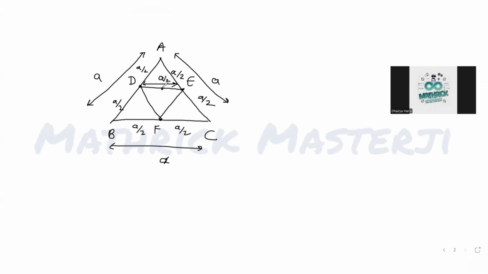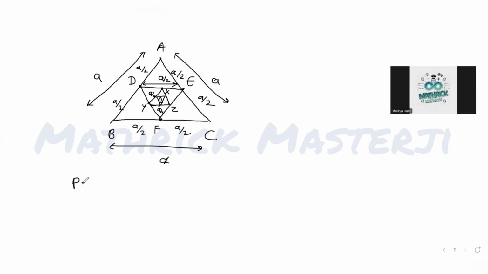Again, if I join these midpoints and form another triangle, let's say XYZ, this will have side measure A over 4. On, it will become A over 8, then A over 16, and so on. Infinitely, we have to draw as many triangles as possible.